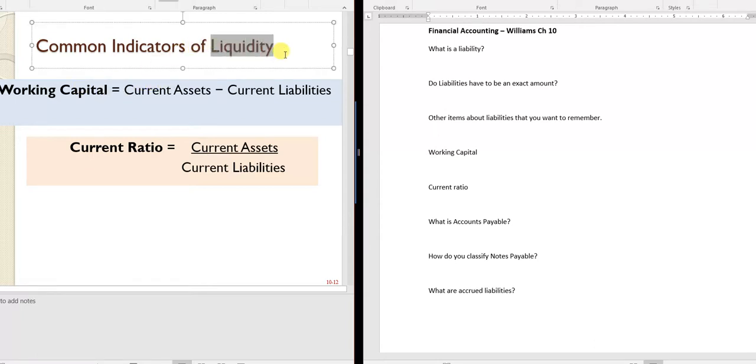This term, liquidity, later on in this chapter, we're going to talk about solvency. Liquidity is short term. Solvency is long term. Solvency is the more pressing issue. I'm sure that everyone has been not liquid at some point in their life, especially if you're a high school kid or a college kid, or even if you've had a lot of bills come due.